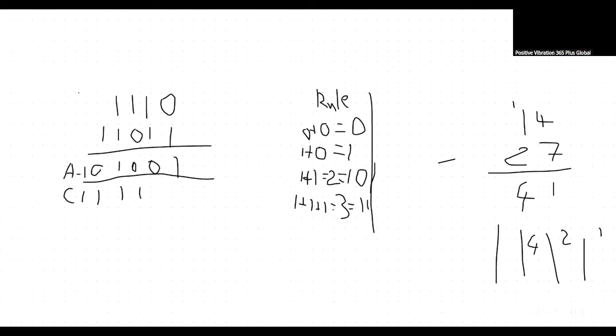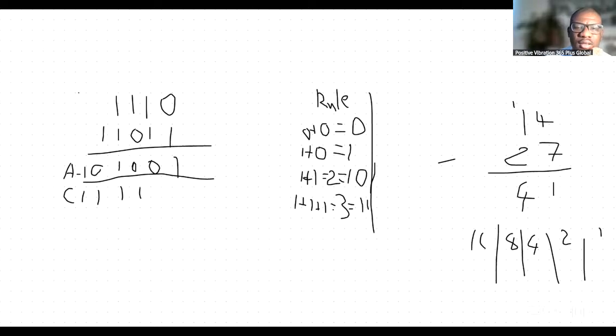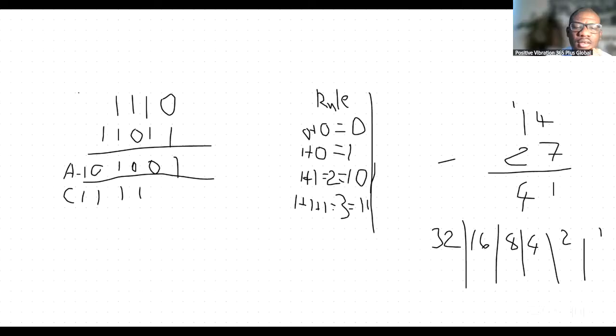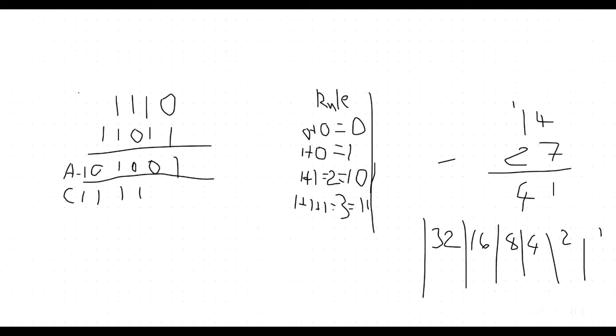And after 8? 16. And what would we get after 16? 32. Very good. What if I had another one? What would it be? I think 64. Very good. You're on the ball. There you go.